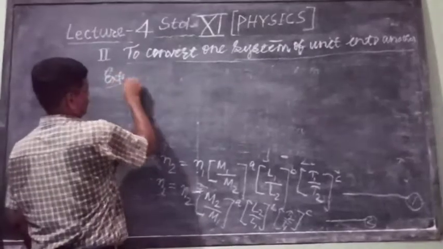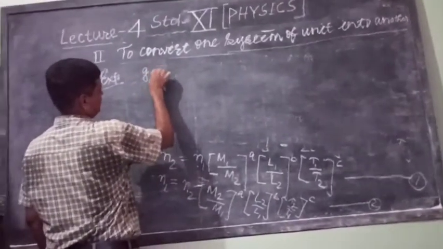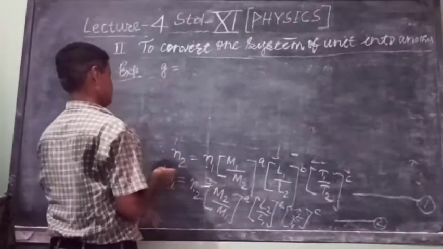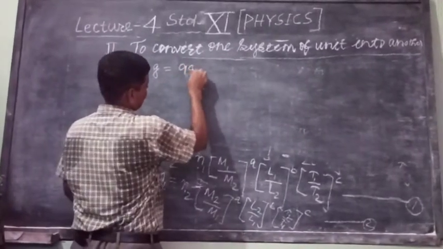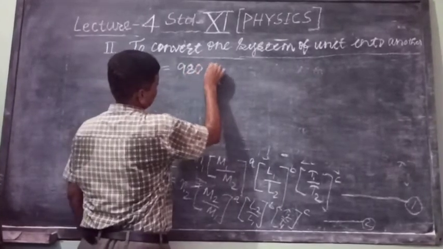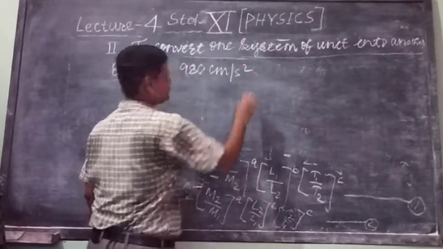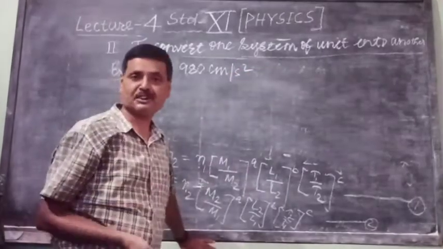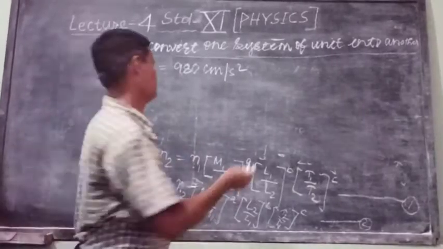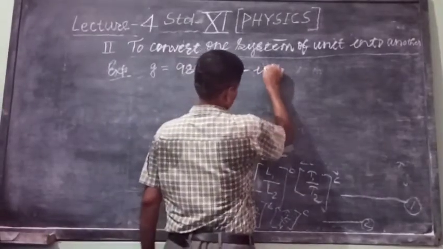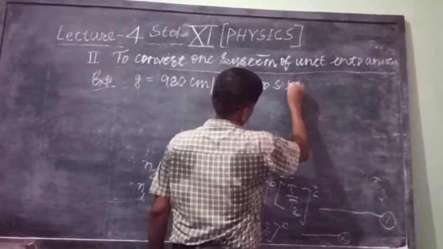The numerical value of acceleration due to gravity, indicated by g, is 980 centimeter per second square, and you have to convert it into the SI system of unit.